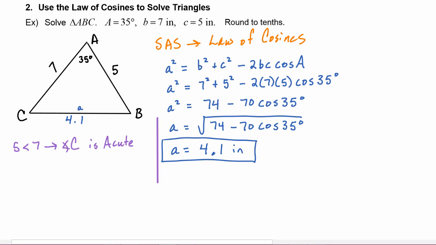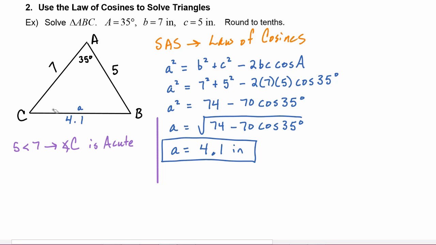5 is less than 7, so that tells us that angle C is acute. Now the reason that's important is because now we can use the law of sines without worrying about the ambiguous case. We only have one known angle here, so that would trigger the ambiguous case of the law of sines. But since we know for sure that C is acute, we can ignore the ambiguous case.